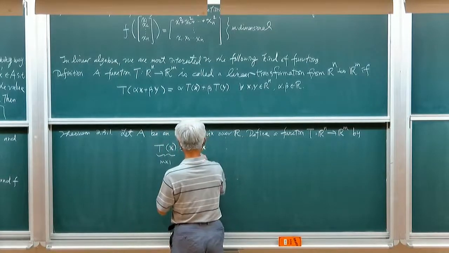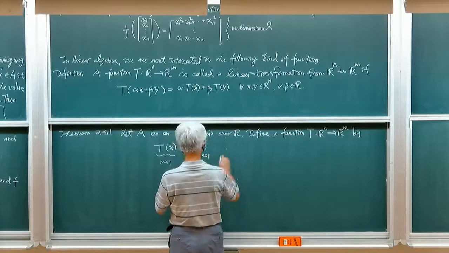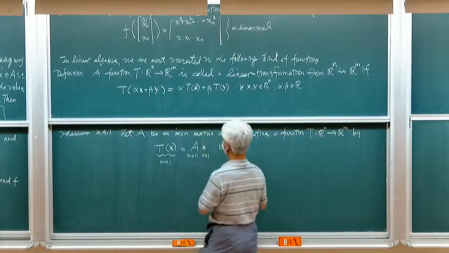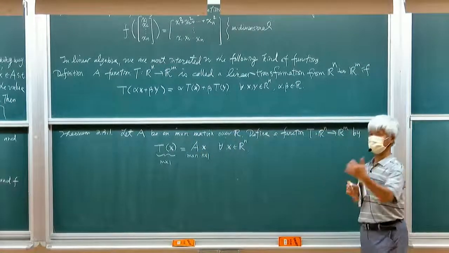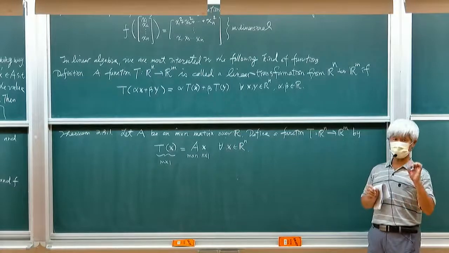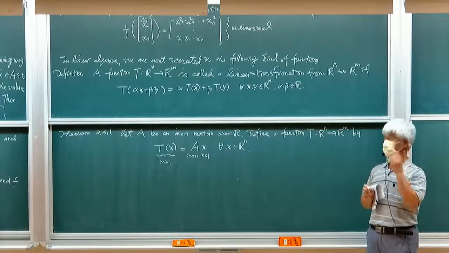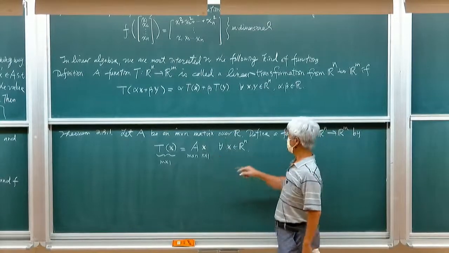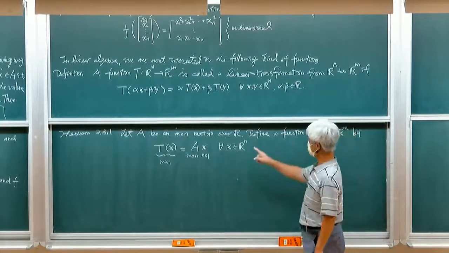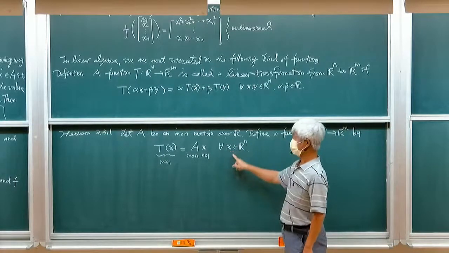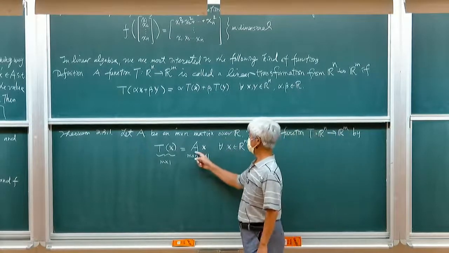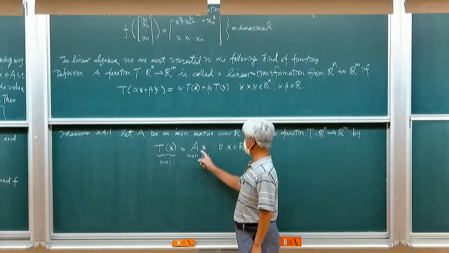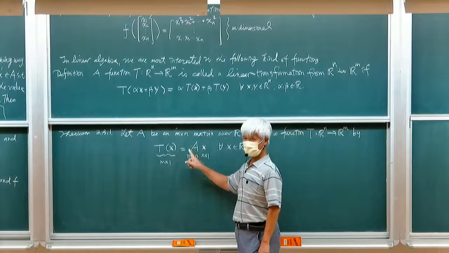A is m times n, and x is n times 1, for all x in Rn. So now take an m times n real matrix and construct a function in this way. Every vector x in Rn gives us a vector in Rm by multiplying x with the matrix A from the left.